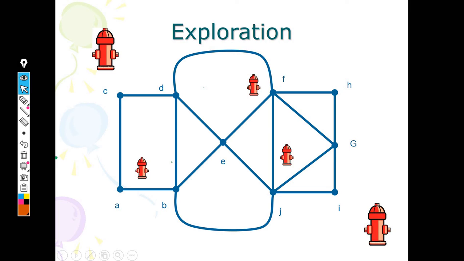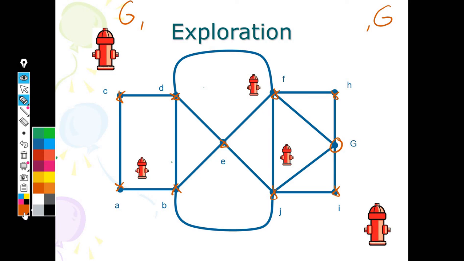What I want you to try to do is start at G and go through each of the vertices without lifting up your pencil, without going over a line twice, and return back to G at the end. So for example, you could start going in any direction.